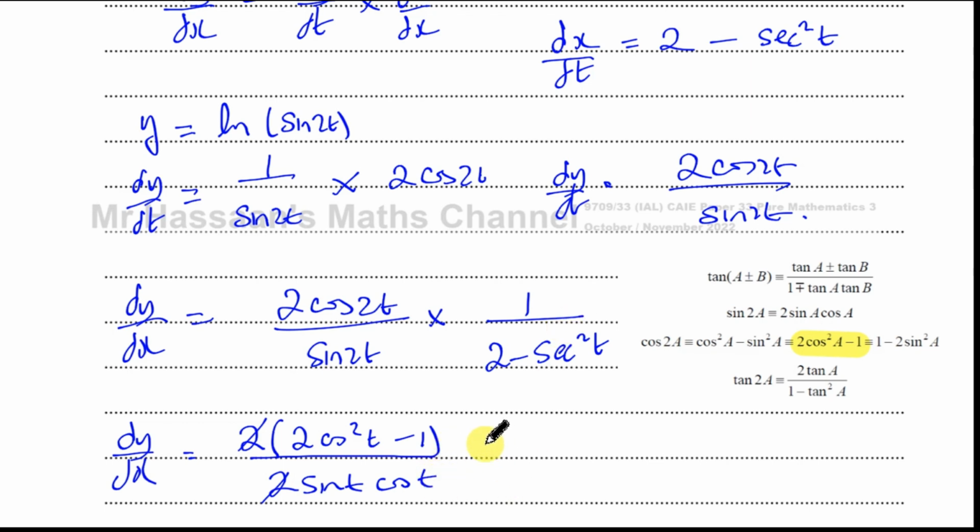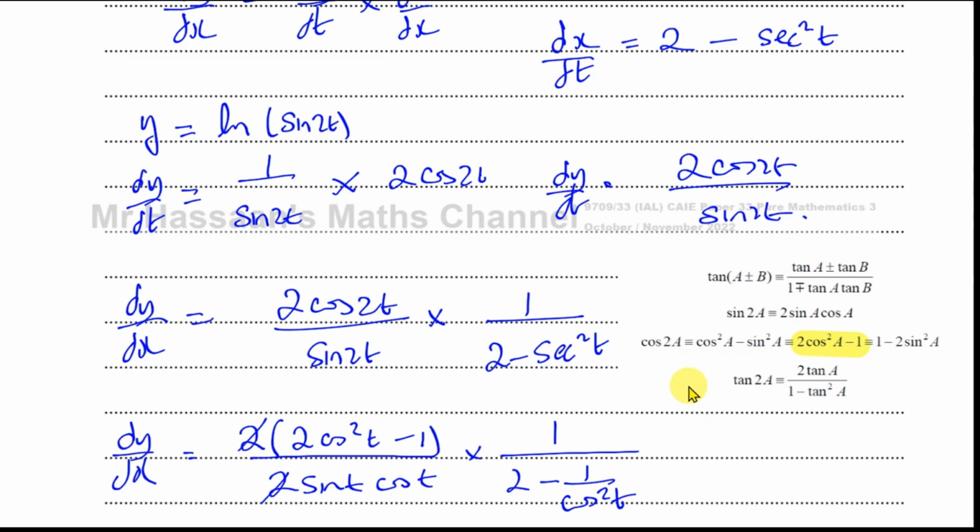All right, and now here we have times 1 over. Now, what I'm going to do here is I've changed this into cosine squared t. So I'm going to express this as cosine squared t and see what happens. So I'll have 2 minus, we know that secant squared t is the same as 1 over cosine squared t.